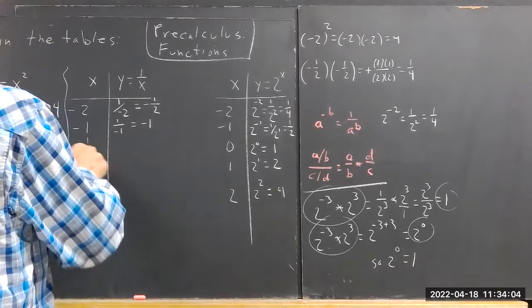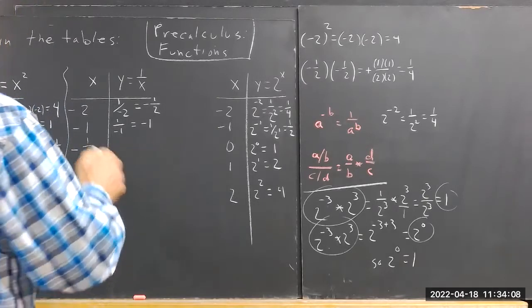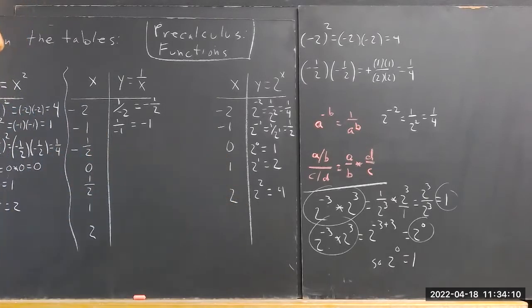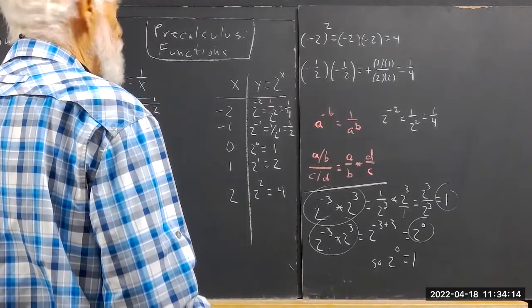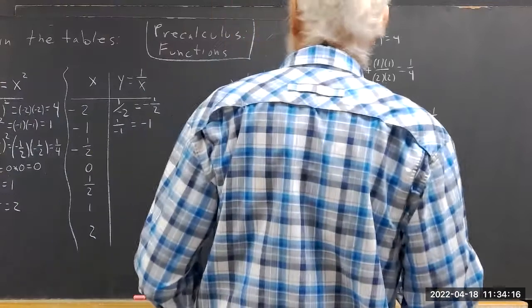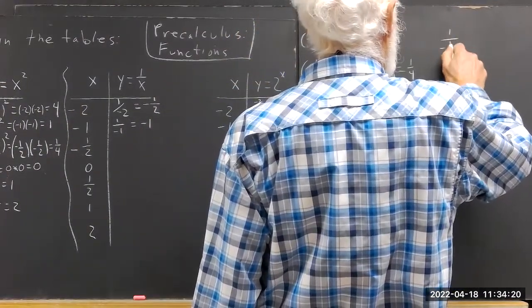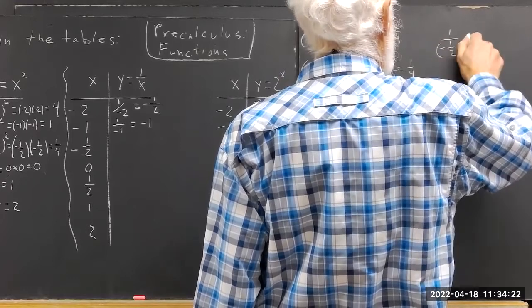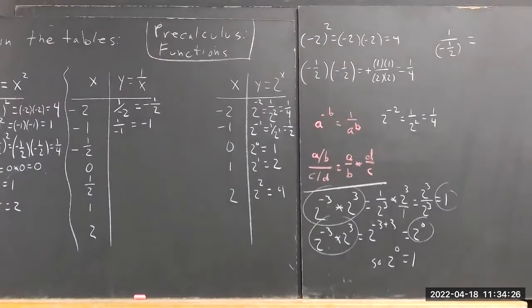Now, what about 2 to the negative 1/2? I'm going to ask you to write out the details of the calculation. In any case, it's 1 over negative 1/2. I'm going to apply the rules of exponents to calculate that.